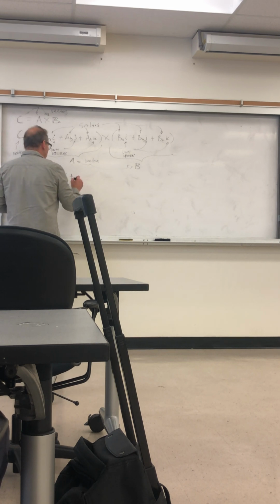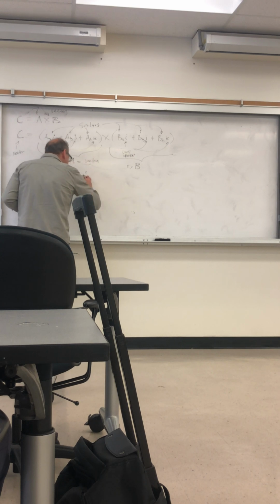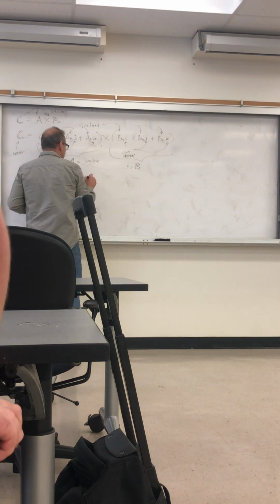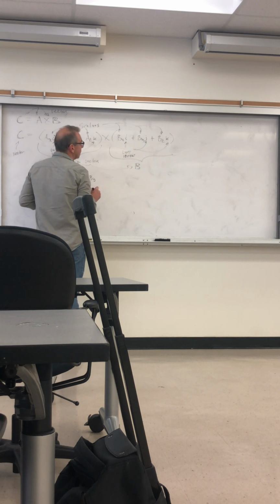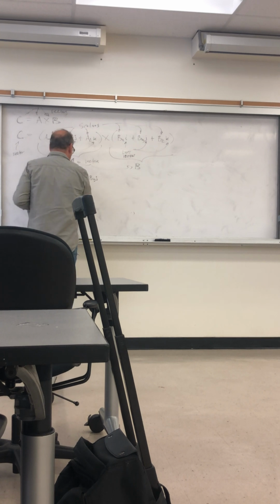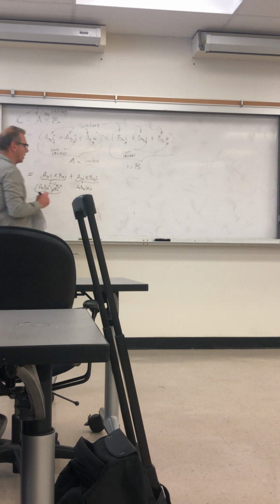And then the next one, plus a sub x I cross, now I'm doing that one, b sub y, j. So that's going to be a sub x, b sub y, I cross j. So we got an I cross j there.